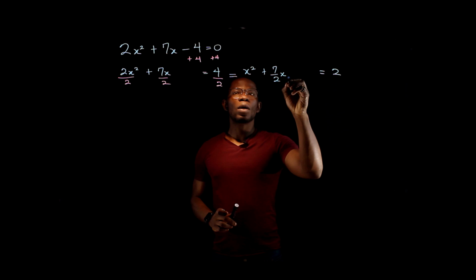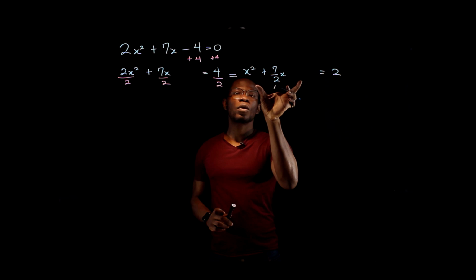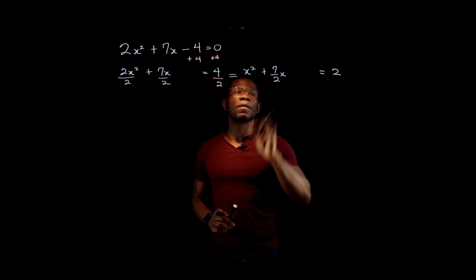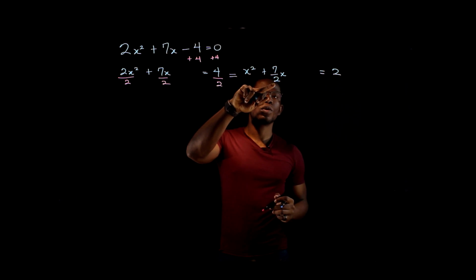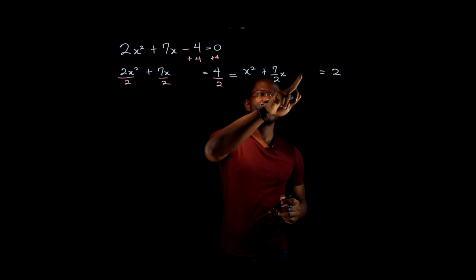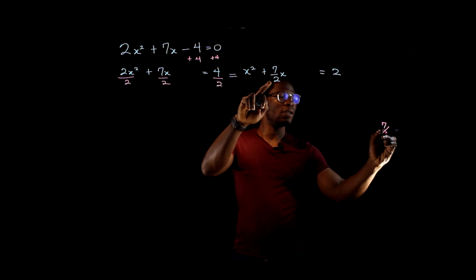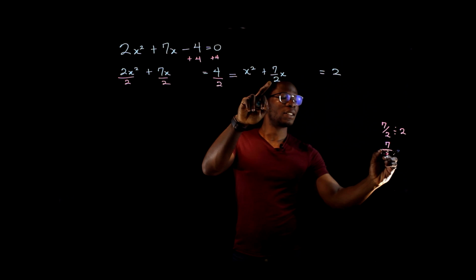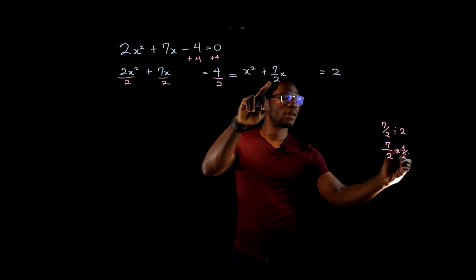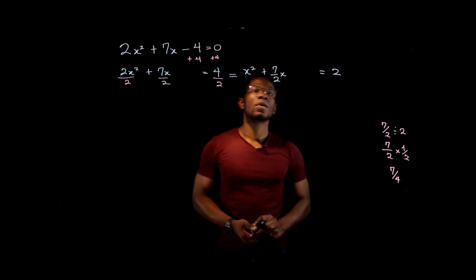Now the next step is to add something to this term here to complete the square and make it a perfect square. Now we know that we do that by dividing the middle term here by 2, squaring that and adding it to both sides of the equation. So if we have 7 over 2 and we divide that by 2, what we're doing is 7 over 2 multiplying by half, and this becomes 7 over 4.